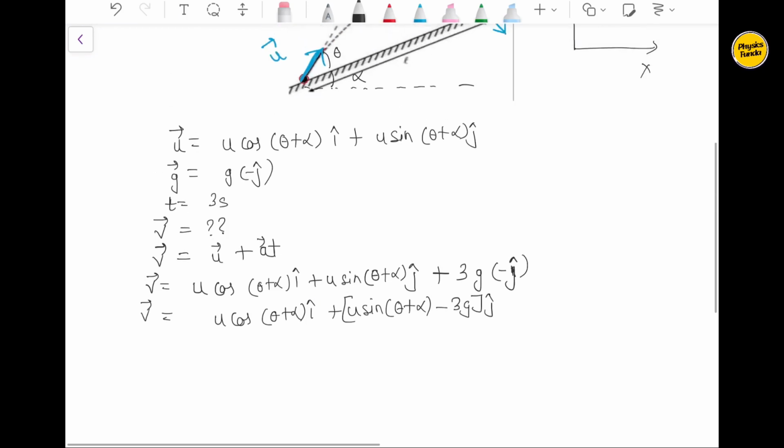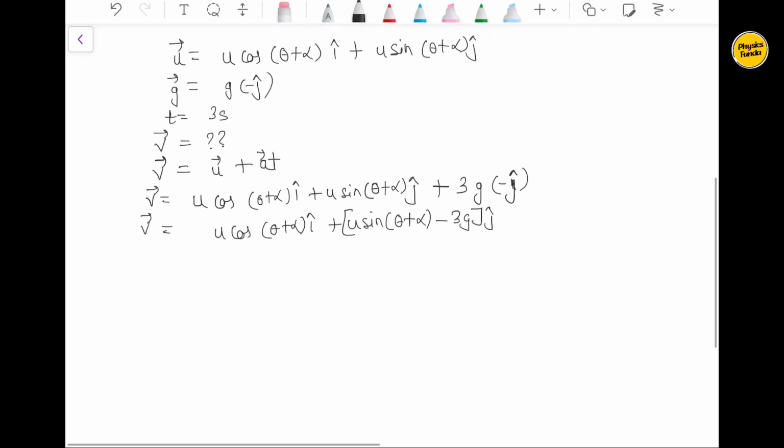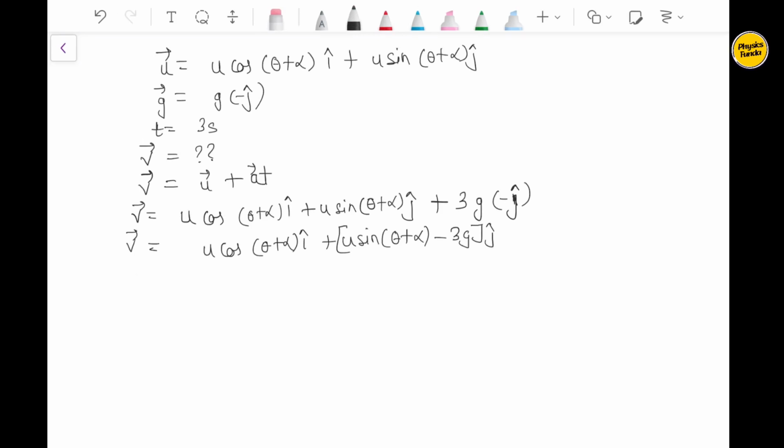If you see in the question, my u vector and v vector are perpendicular to each other, right? So I can take a dot product. I can write v vector dot u vector, since they are perpendicular, this will be 0, right?